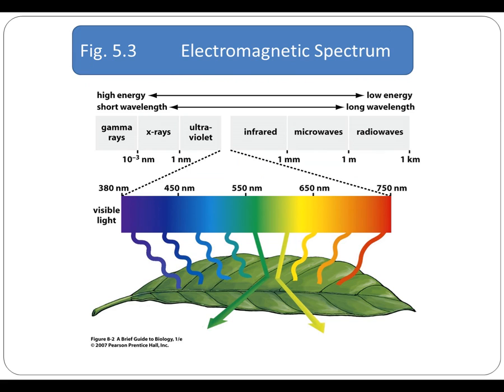Figure 5.3 in your textbook illustrates, not this exact image, but it illustrates that visible light spectrum. I'd like for you to look at this image. What can you interpret about plant use of the light spectra? Which colors does it not utilize?